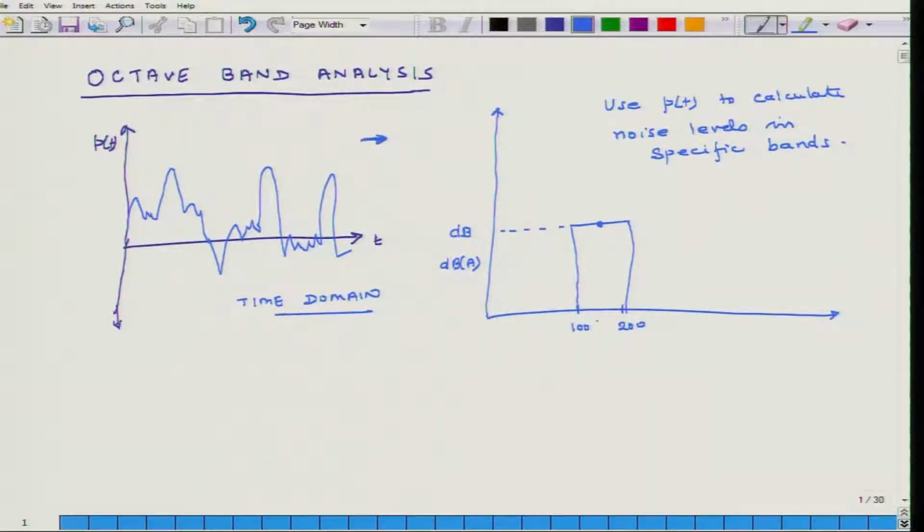Then they will say okay, I want noise level in the 100 to 200 hertz band, 200 to 400 hertz band, 400 to 600 hertz band, and so on and so forth, right. So, this may be 400, this may be 600, this may be 800, this may be 1200.